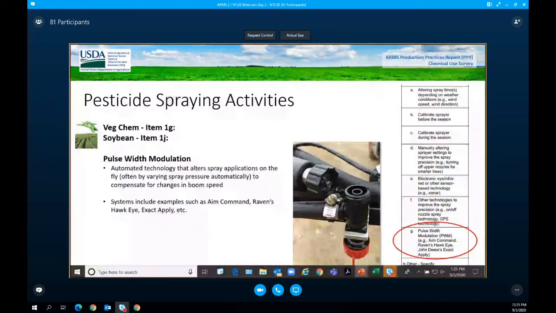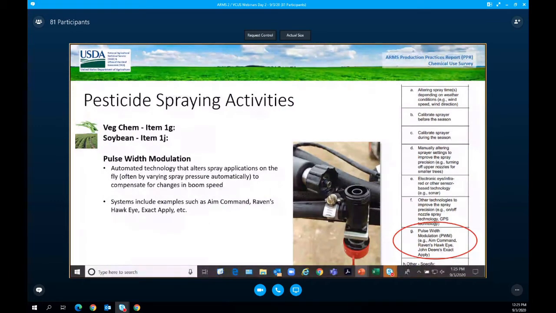And then pulse width modulation. This is actually more common for agronomic crops, and maybe more common for soybeans than veg chem. But this is technology that compensates for when you hit bumps in the field or change the tractor speed or boom speed. So on a turn, the boom will automatically spit out more water to compensate for the faster travel speed to still deliver the same volume per acre.